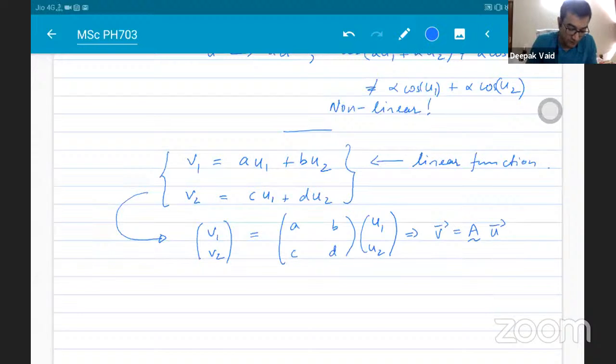Right? For example, you can have a matrix which is the inverse of A. What is the property of the inverse of A? The product of A with its inverse will give you the identity matrix. So if you take the inverse of A and multiply both sides of this equation from the left, what will you get?